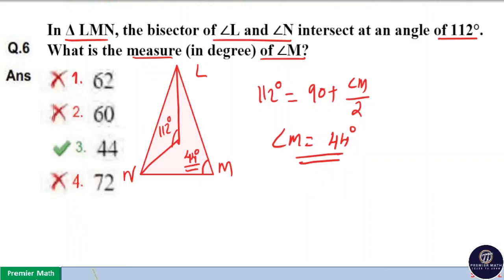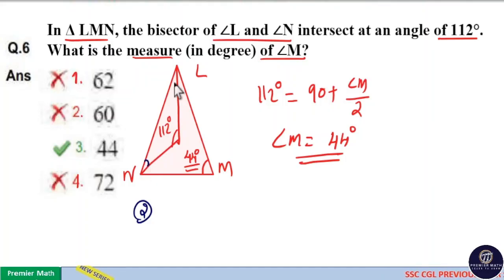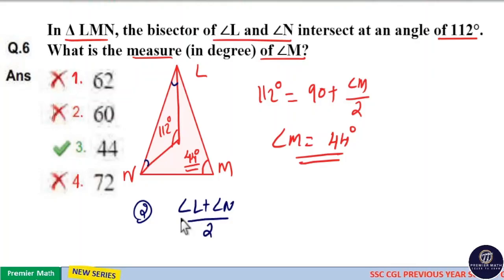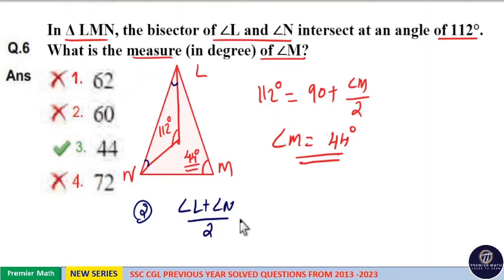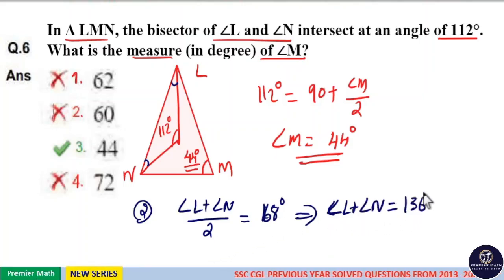Here you can do this question in a different method as well. The second method uses the fact that the sum of angles in a triangle is 180 degrees. Here this is 112 degrees and these two angles are angle L by 2 plus angle N by 2, which is equal to 180 minus 112, which is 68 degrees. This means angle L plus angle N is equal to 2 into 68, 136 degrees.